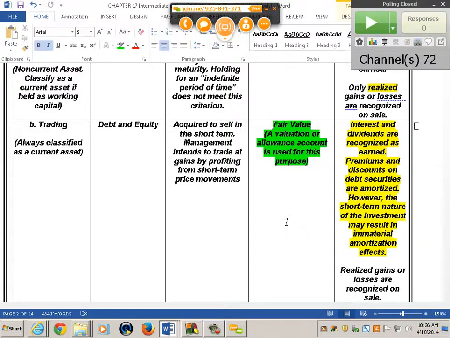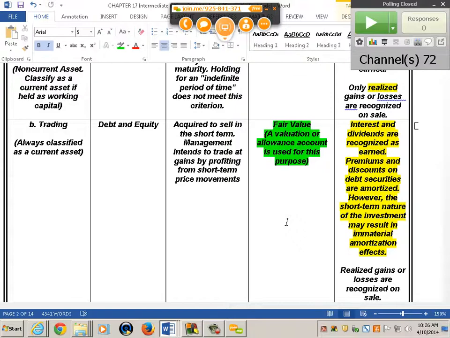So you don't write it down or write it up directly. You do it through an allowance account. Very similar to accounts receivable. We don't use a direct write-off approach, so to speak, here as well. The net amount is shown on the balance sheet. I mean, you typically don't see the two accounts on the balance sheet. All right, so any questions on that?